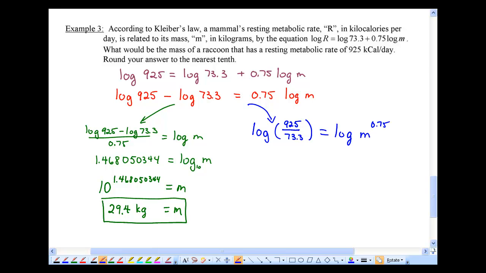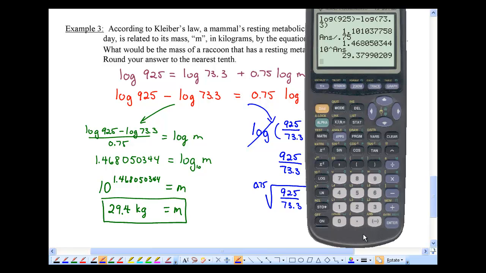Then, if you do it this way, of course the logs just cancel out. So you have 925 divided by 73.3 is equal to m to the power of 0.75. So really, you want the 0.75 root of 925 over 73.3.